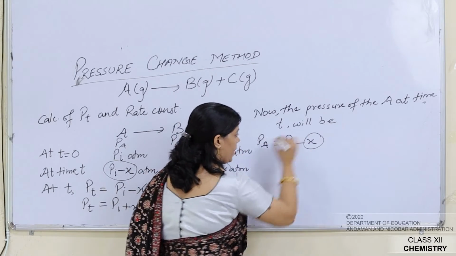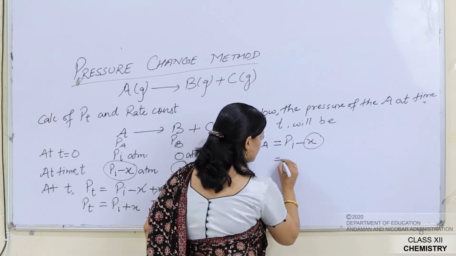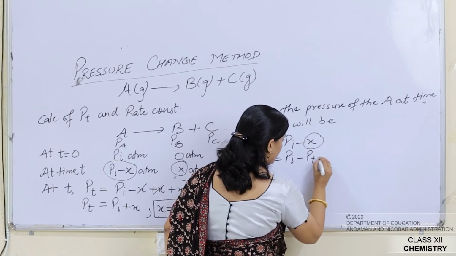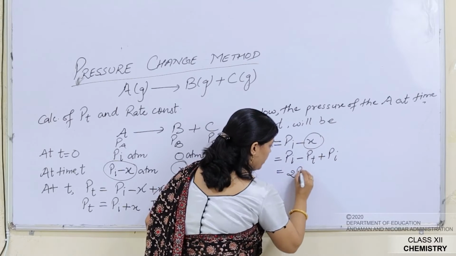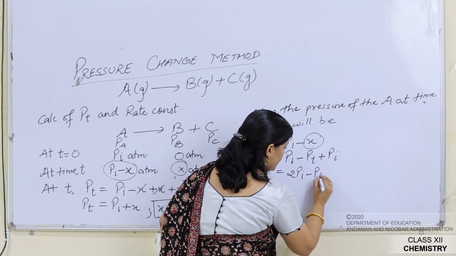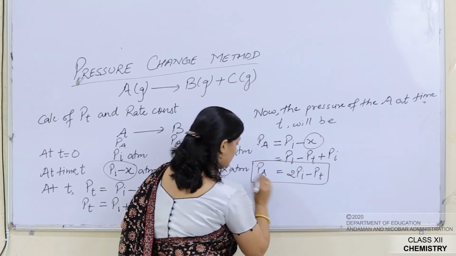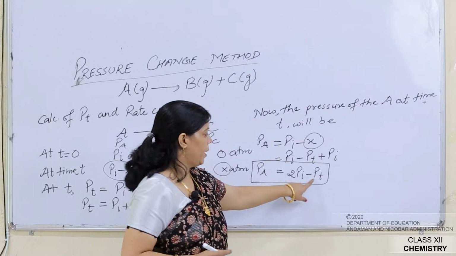The value of x is Pt minus Pi, so we can substitute this value: Pi minus Pt plus Pi, that is 2Pi minus Pt, equal to Pa. The pressure of component A at time t is 2Pi minus Pt.